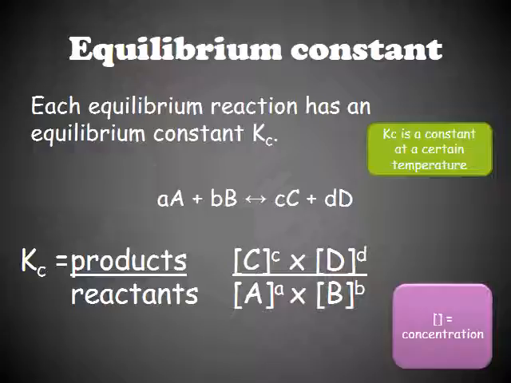So for our reaction, it will be the concentration of C to the power of c times the concentration of D to the power of d, divided by the concentration of A to the power of a times the concentration of B to the power of b. Those square brackets illustrate that it's a concentration.